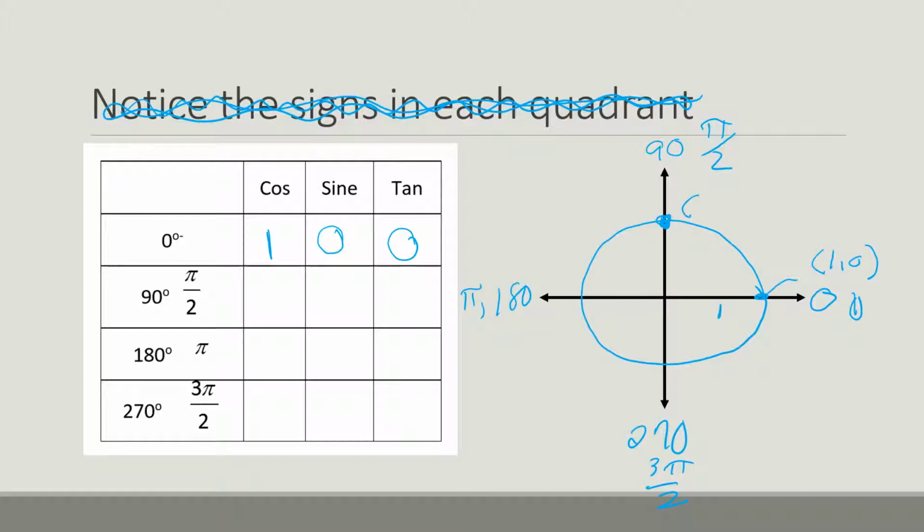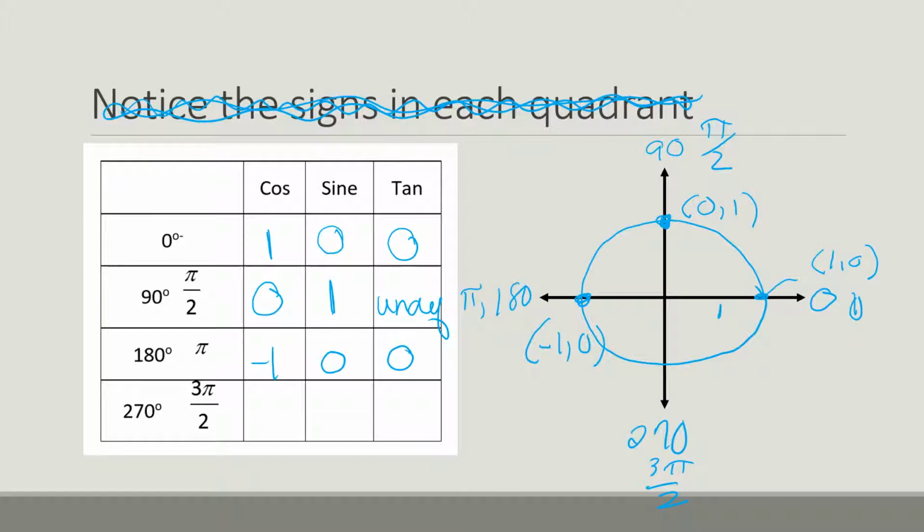Up here, my point is 0, 1. So my cosine is 0. My sine is 1, but my tangent, because you can't divide by 0, is undefined. Over here, this point at 180 degrees, or pi, it's negative 1 and 0.